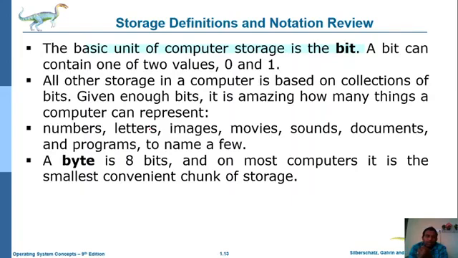That is the basic unit of computer storage.